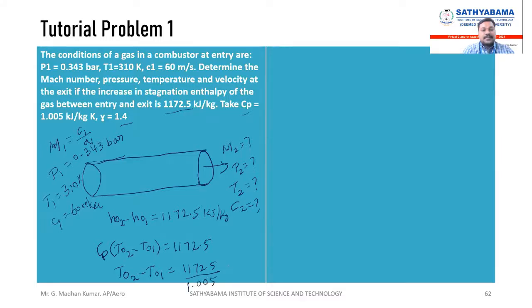Okay, so what is your Cp? 1.005. Now, what is the change in stagnation temperature? Students, you can respond to me in the chat box. Yes, Kelly Karthikeyan, Uday Kumar, Nevis. Tell me the answer, T02 minus T01.